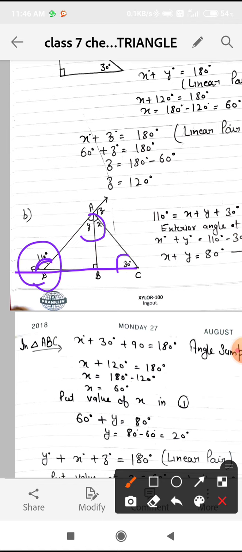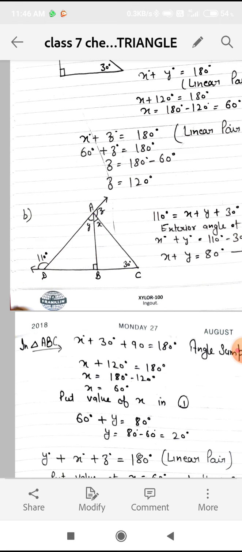So I apply this property here: 110 is equal to x plus y plus 30, the sum of the interior opposite angles. You have to calculate the value of these two. So 110 minus 30 gives 80. And x we have calculated as 60 degrees, so when I put in x, y will be 80 minus 60, 20 degrees.